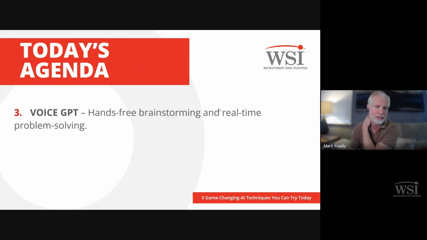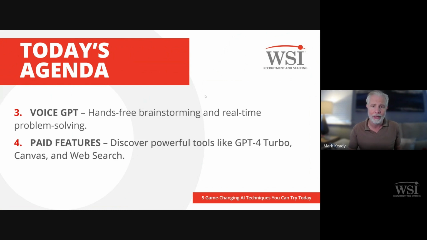The third skill we'll learn today is ChatGPT voice. This is a nice hands-free breakthrough showing you how you can use ChatGPT voice on your mobile device and now on desktop as well in order to create a one-on-one personal coach or AI agent. In addition to that, we'll talk about paid features, powerful tools like GPT-4 Turbo, GPT with Canvas, GPT with web search.